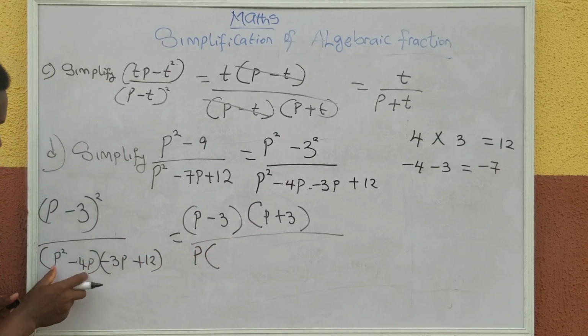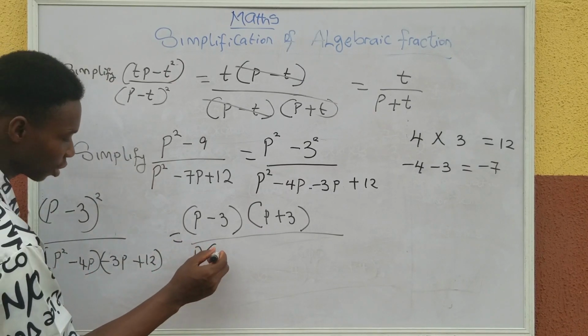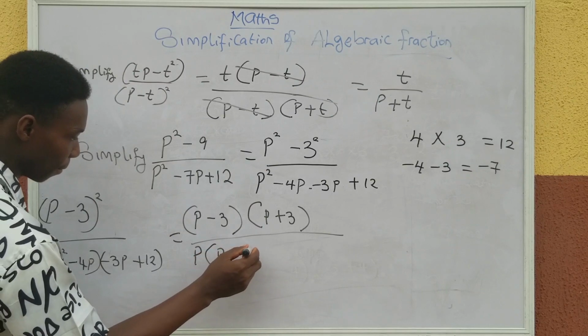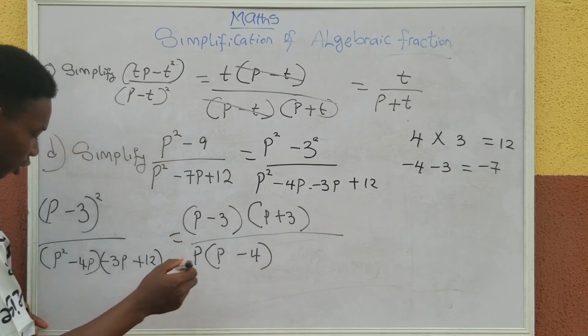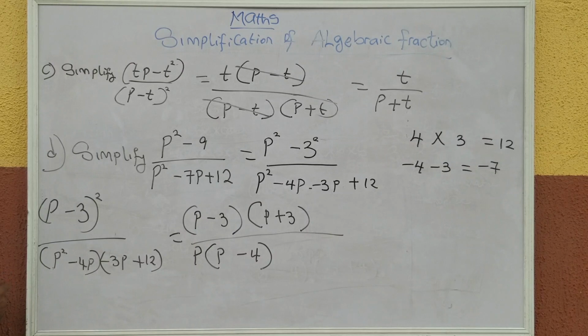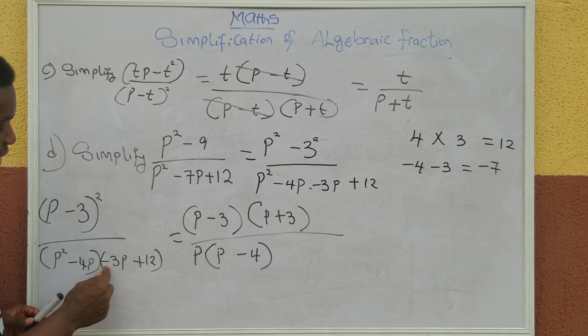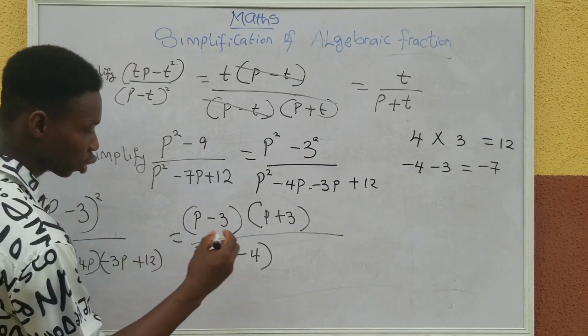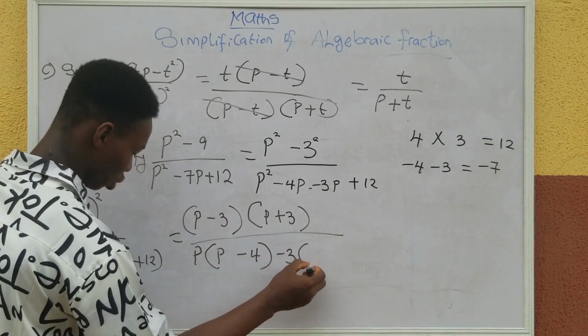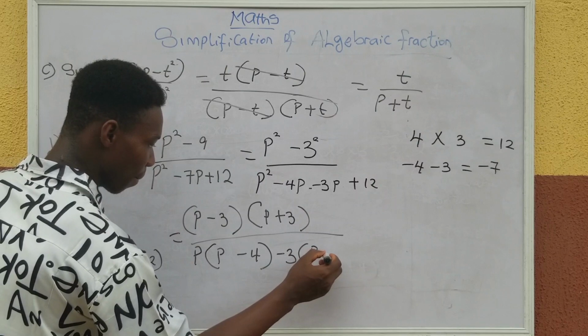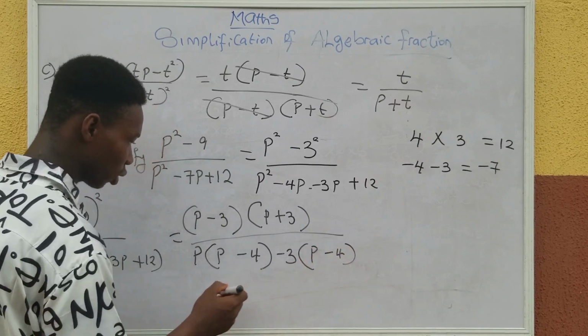What you have left in this first bracket becomes p minus 4, close your bracket. Now, for this second bracket, we have minus 3 here, we have minus 3 here. So we write out our minus 3. So we are left with p minus 4, close your bracket.